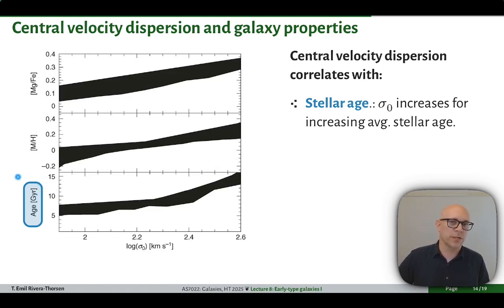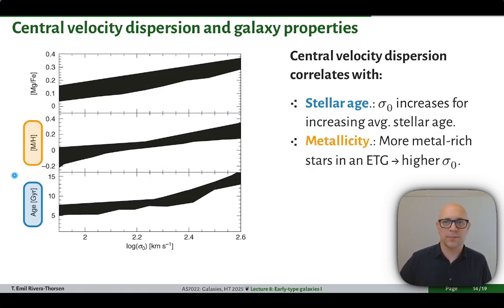And I will implore you to think of it so we can talk about it when we meet. Secondly, more metal-rich stars in an early type galaxy also will mean a higher central velocity dispersion. And that is, of course, also interesting to think a little bit about why that is.